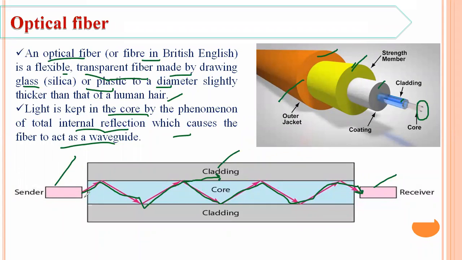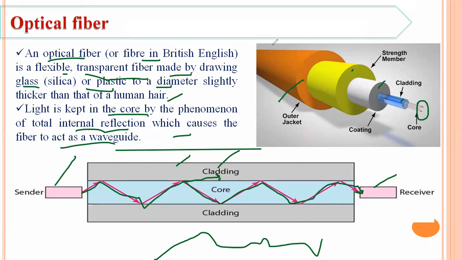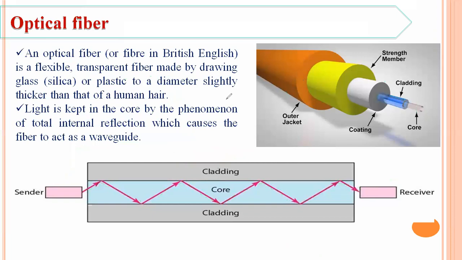One more thing: to use this optical fiber, you put the wire in a straight form, not bent like this, because of the total internal reflection phenomenon, we can lose the signals when there are more and more bends in the optical fiber. Clear?